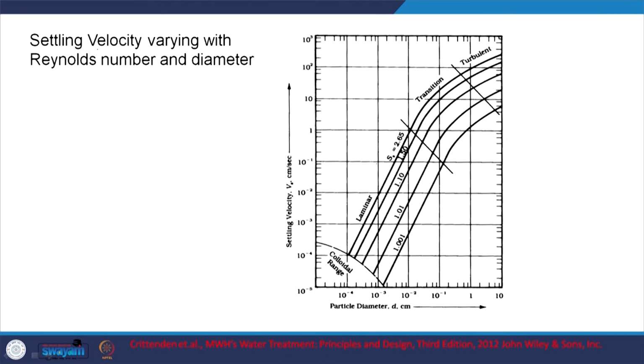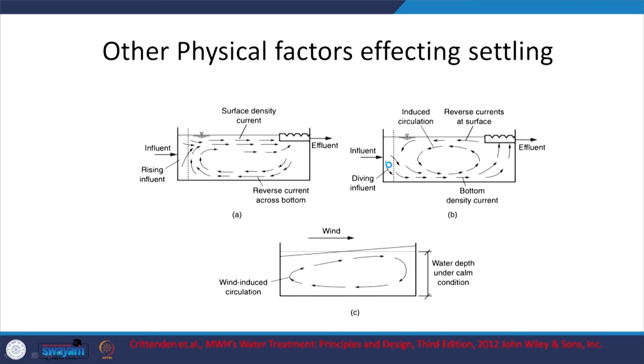Settling velocity will vary with both the Reynolds number and the diameter, obviously. So for our particles of interest, which are relatively small, they will settle under laminar flow conditions, and because the size is small, their settling velocity is also relatively small. And with specific gravity, heavier particles will settle faster. That's something you can see here.